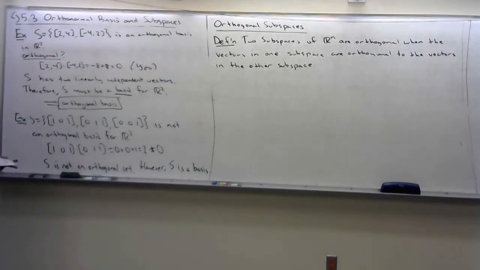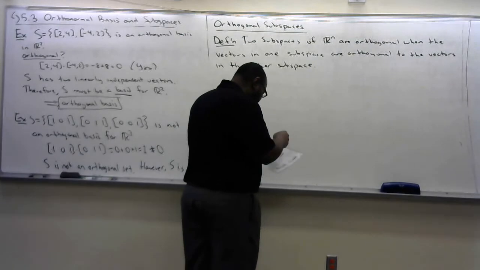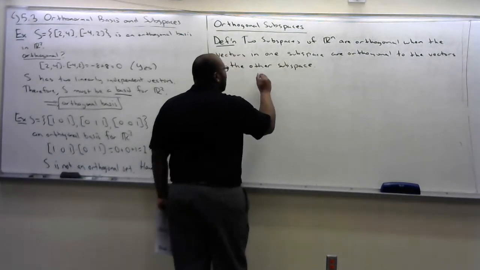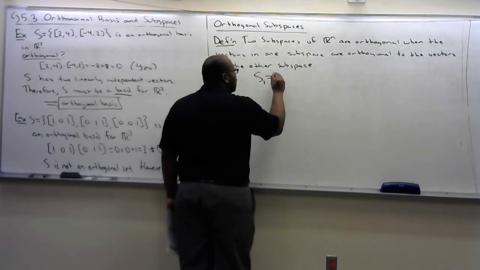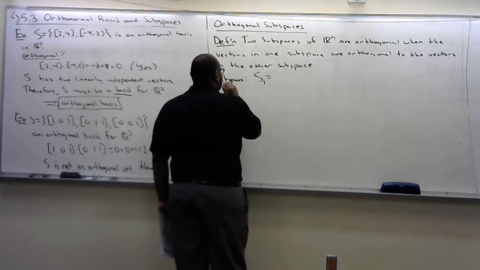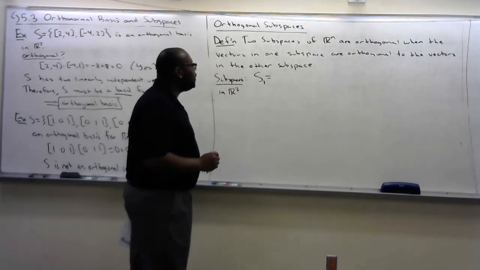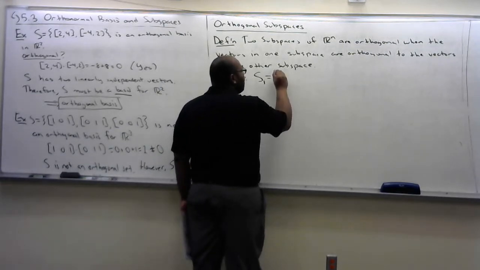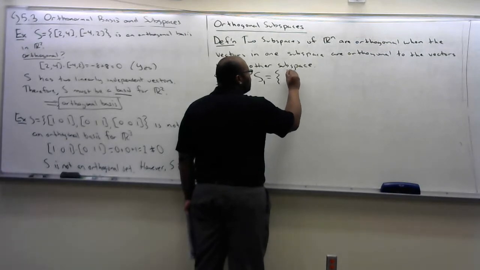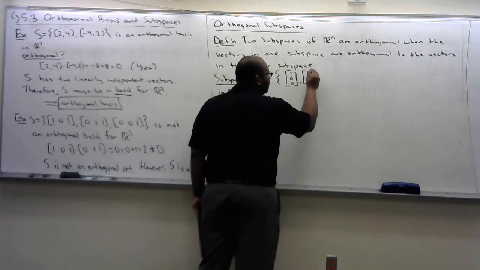One easy example of this: we'll have two subspaces in R3. Suppose S1 is the subspace spanned by the vectors 1, 0, 0 and 0, 0, 1.